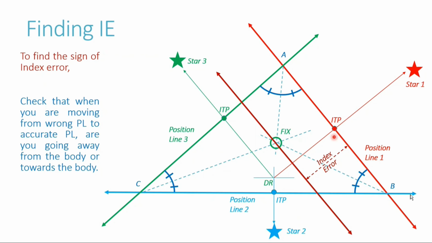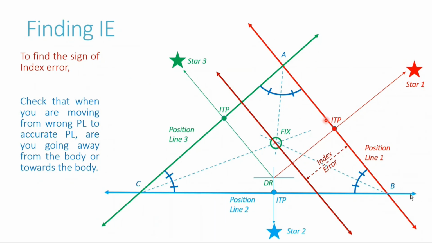So when you are moving from the wrong PL, that is the red color PL, to the accurate PL, that is the maroon color PL, you have to see carefully whether you are going away from the body or towards the body. Which body are we talking about? The celestial body using which the PL was calculated. In our case, this celestial body is the red color star, that is star 1.